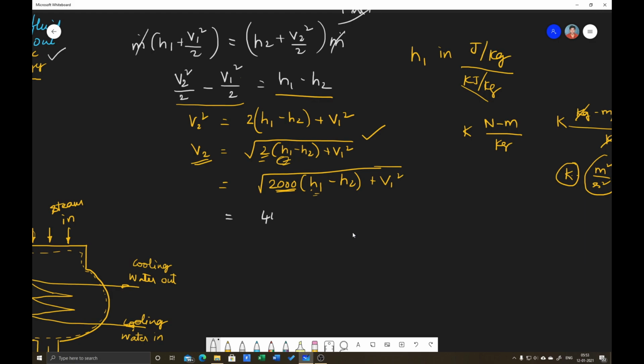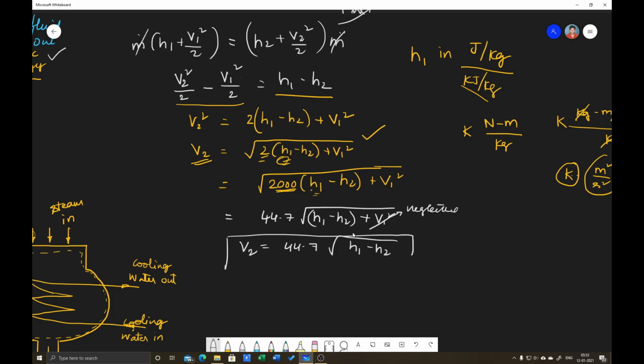In some cases it can also be written as 44.7 square root of h1 minus h2 plus v1 square. If v1 is neglected, it becomes 44.7 square root of h1 minus h2. This is the formula for the velocity of the steam at the exit of the nozzle.